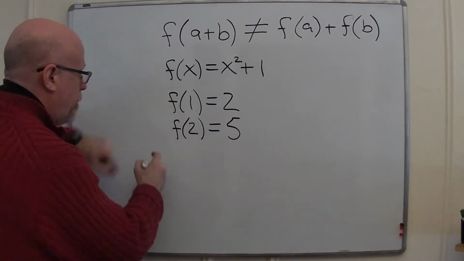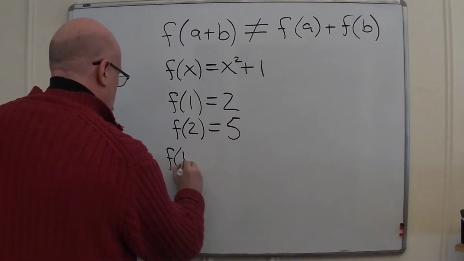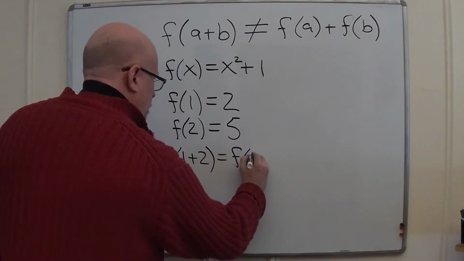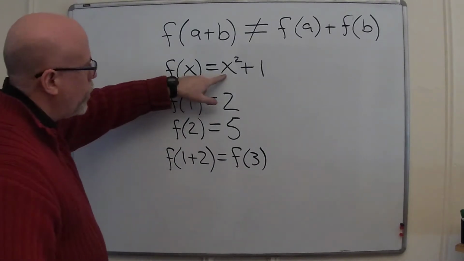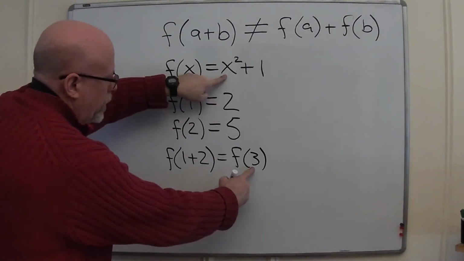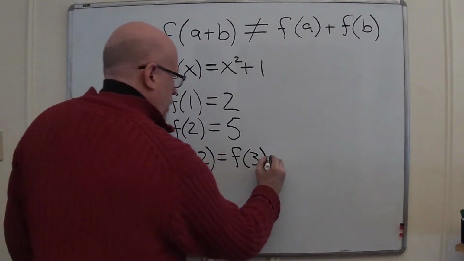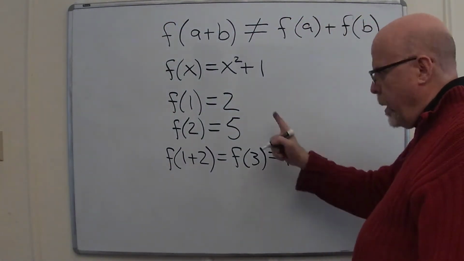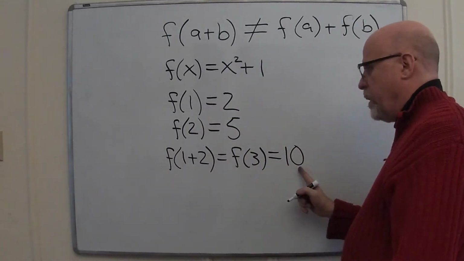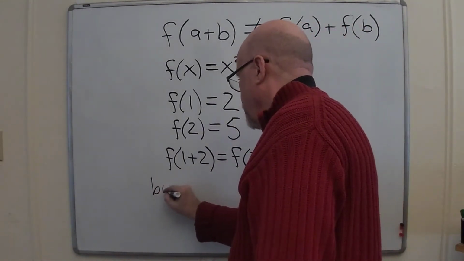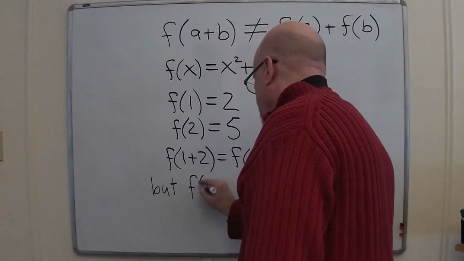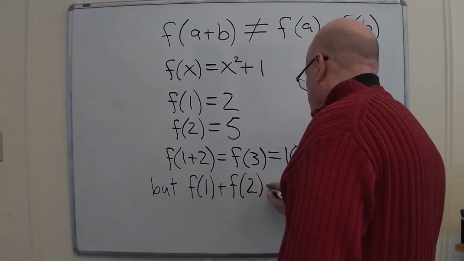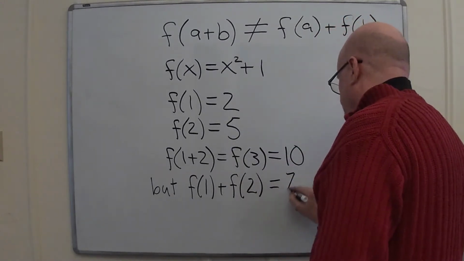F of 1 plus 2, which is the same thing as saying f of 3, yeah? What's our function again? Square and then add 1, so squaring it gets you 9, and then add 1, that's 10. But f of 1 plus f of 2 isn't equal to 10. In fact, it's equal to 7.